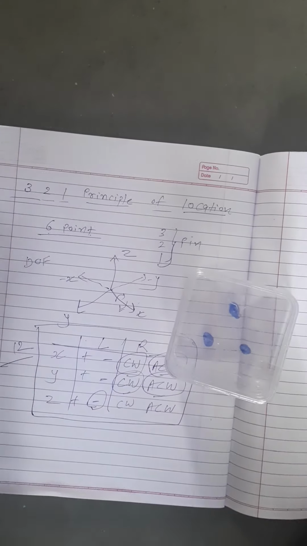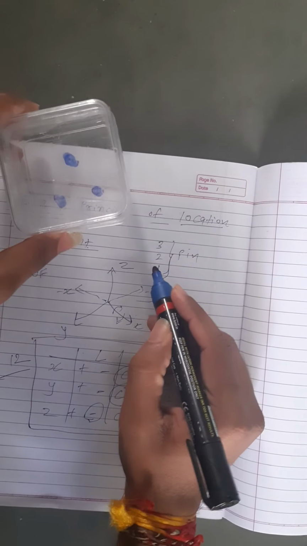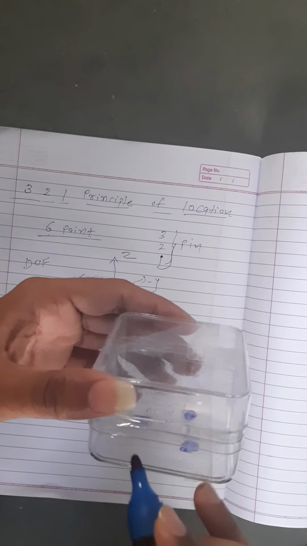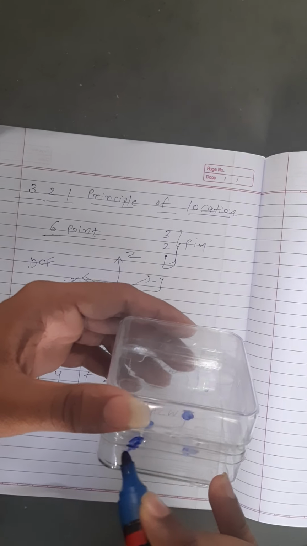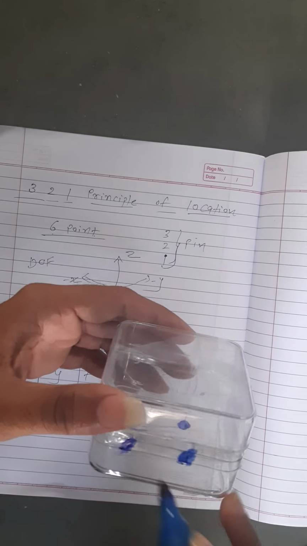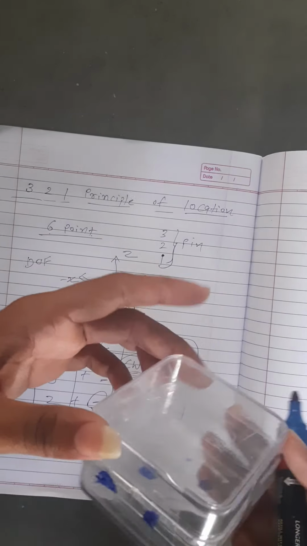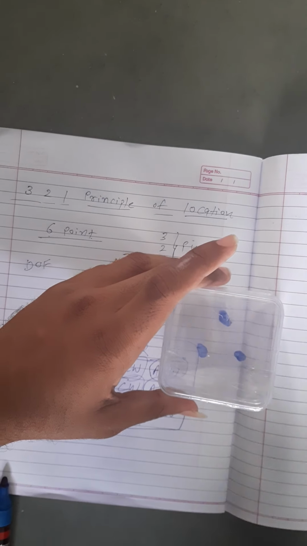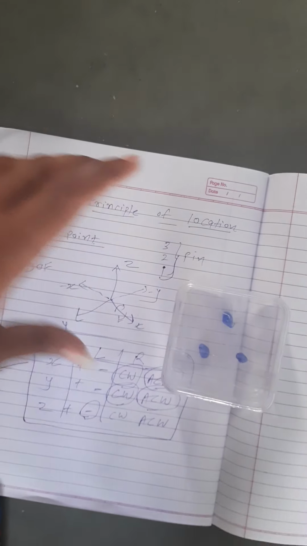Now we are putting the other 2 pins perpendicular to this. This is 1, this is 2 pin, perpendicular to the bottom 3 pins. Now again some degrees of freedom are restricted.